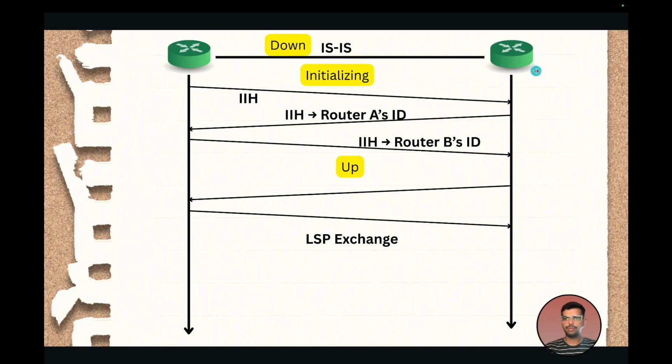So let's say these two devices are exchanging the IS-to-IS hello, so they will both exchange each other's router ID, and the state transition will go from initializing to up, and then there will be certain LSP exchange, and that's how they will synchronize the LSDB. So this is the straightforward explanation of the state transition diagram that happens between any two IS-IS neighbors.